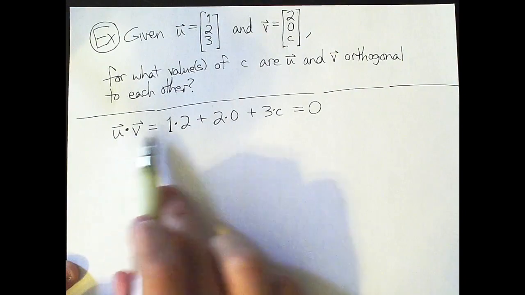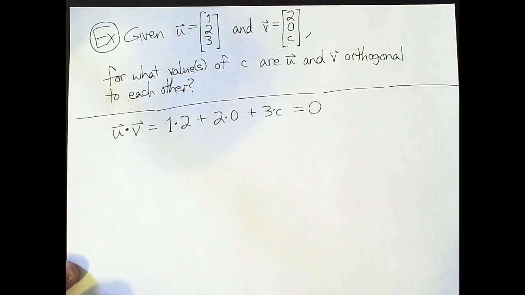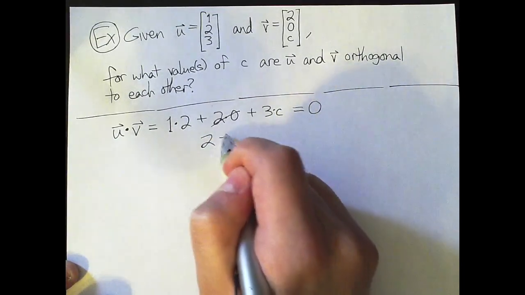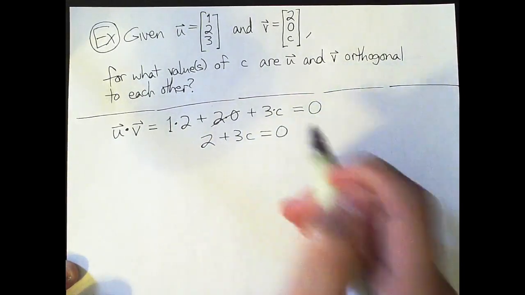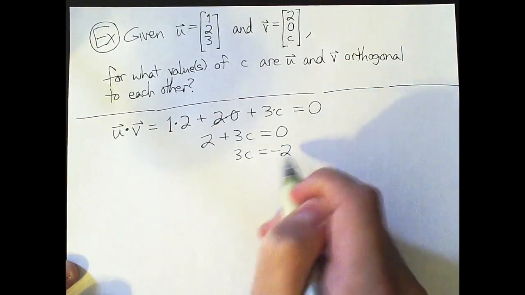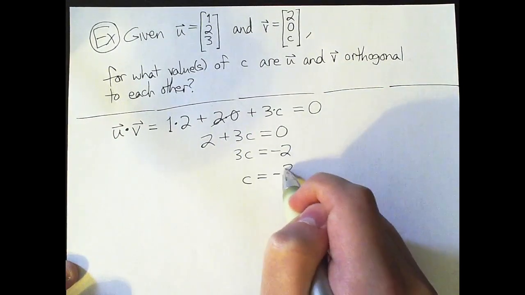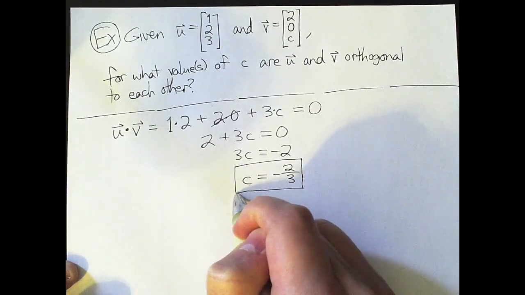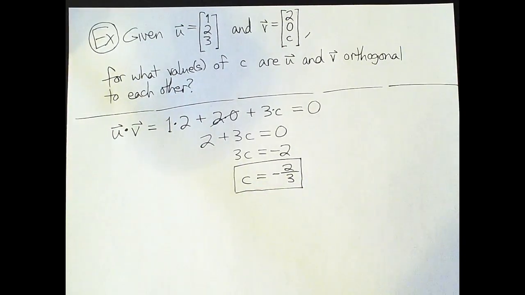We want this to equal 0 in order for these vectors to be orthogonal. So this simplifies to just 2 plus 3c equals 0. 3c equals -2, so c equals -2/3. And that is the answer. If c is -2/3, then u and v are orthogonal to each other. And that's the only value of c that works here.